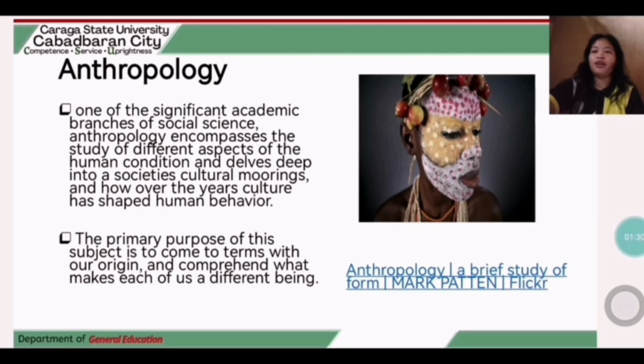The focus of anthropology is on understanding both our shared humanity and diversity, and engaging with diverse ways of being in the world. Anthropology is divided into three subfields: sociocultural, biological, and archaeology.